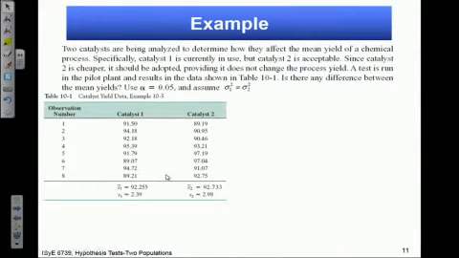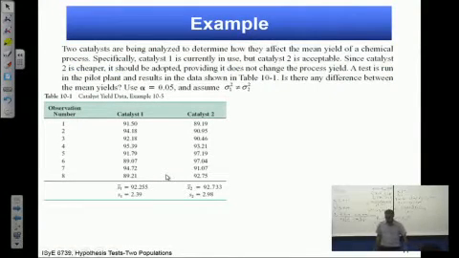Okay, let's go over the same example when the variances are not equal. Okay, I don't have the answer, but let's do the math.